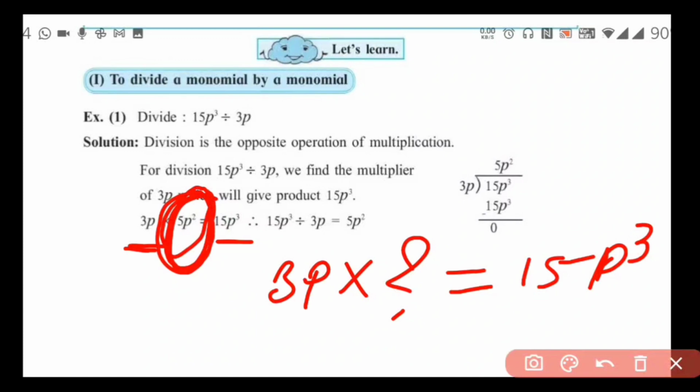And that's why this 5p square should be written in the quotient. Then we write 15p cube below 15p cube, and the remainder is 0. So in this way we find the answer for a monomial divided by a monomial.